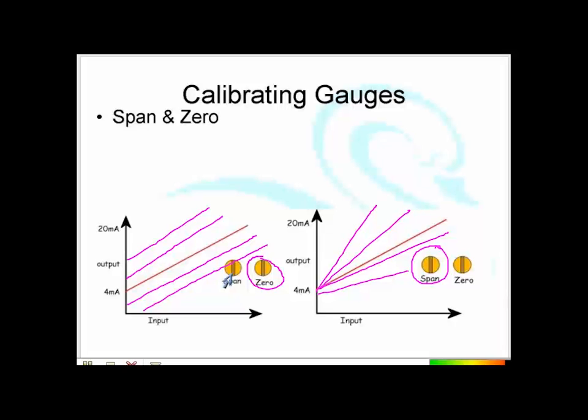You'd adjust the 0, then you'd adjust the span, then the 0, then the span again. You went backwards and forwards doing this until either it read well or you got bored. Whichever came first, really. So you could go backwards and forwards for hours and hours on end, but mostly you didn't.